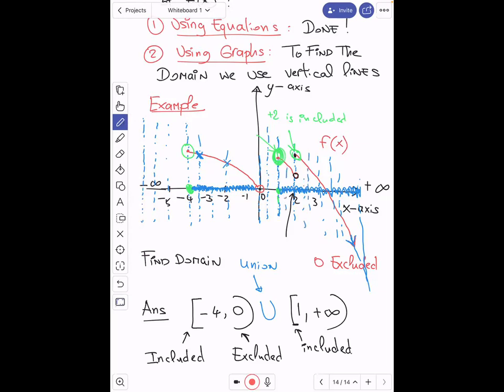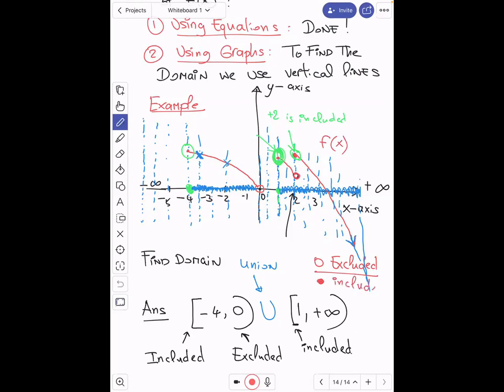The only problem here is at 2, as you can see, there's this empty circle right here, and there's also a full circle right here, okay? Of course, the empty circle means that the point is excluded from the graph, but the full circle means that it's included. The full circle means that the point is included in the graph.